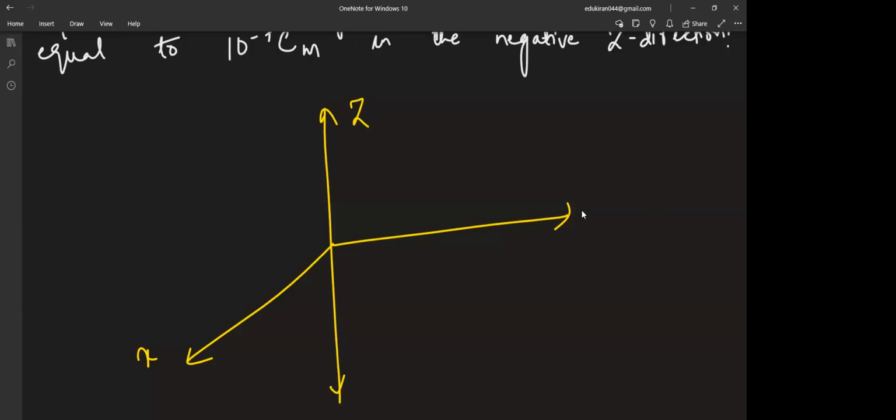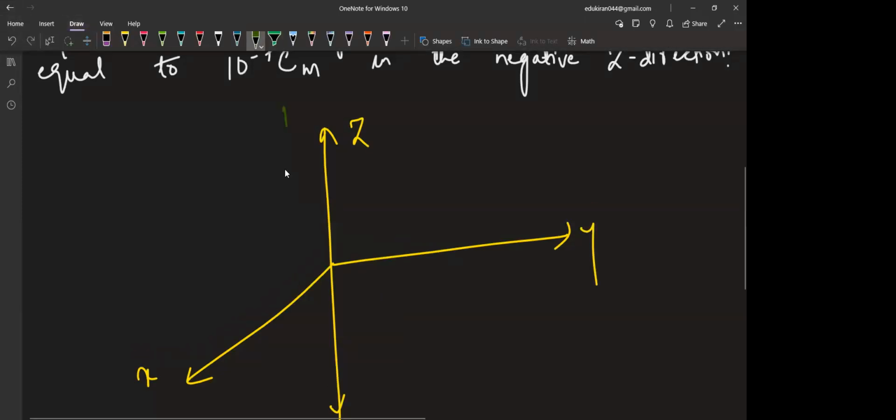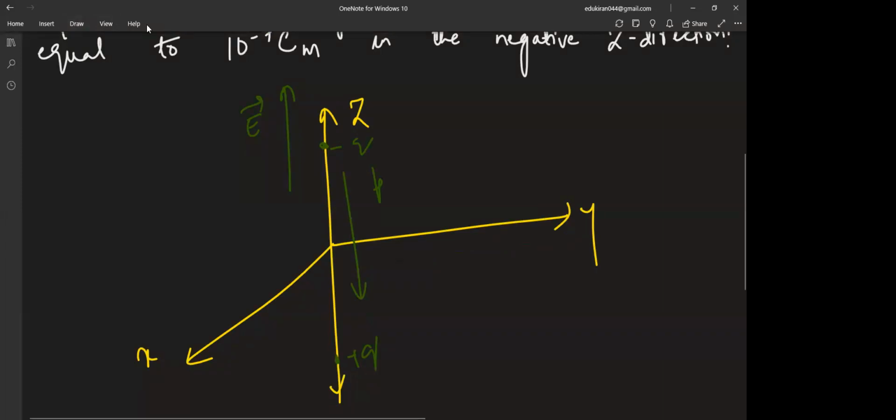If this is the z axis, x axis, y axis, the direction of the electric field is here, and the dipole moment will be along the negative z axis. So this is the dipole moment. Here one charge will be there, here another charge, so plus q and minus q. Like this we'll have the figure, right?